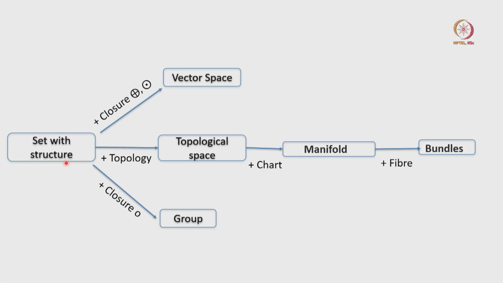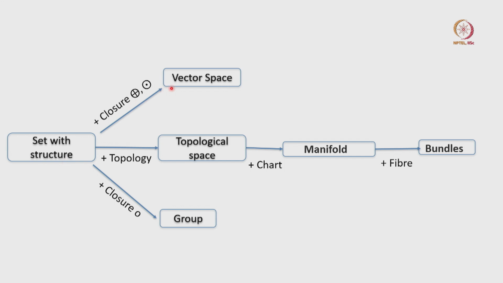And we started with set, which we also assume that you know, and now we were going to put structure and get different things. So, a set does not have anything about its elements. Now, once we give something about how the elements are related to each other, this is where we are going to give new names.